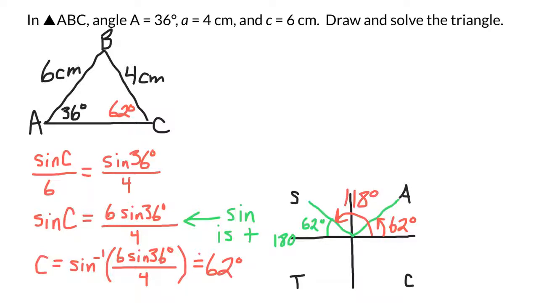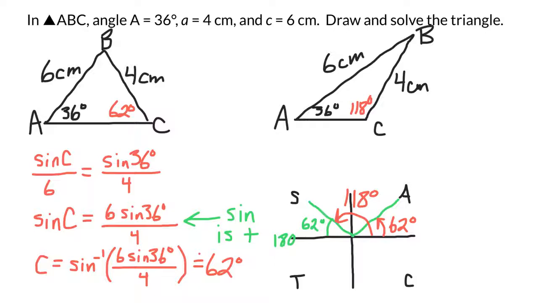That means it's 118 degrees. So that angle C could be acute or obtuse. So we could have the acute triangle where angle C is 62 degrees, or we could have the obtuse angle of 118 degrees.